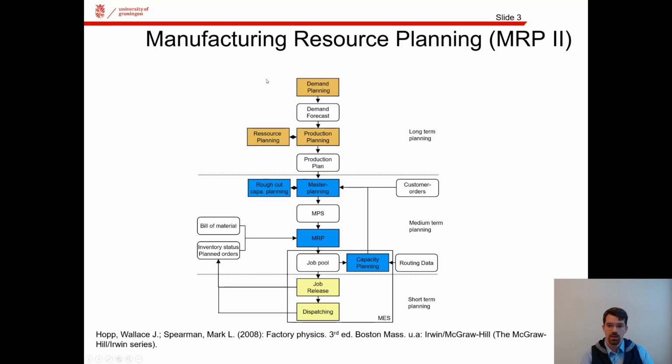Most likely, the long-term planning is again an aggregated production plan, meaning aggregated in terms of items and in time. Based on this demand forecast, you can start with a production planning so that you know what to produce in which month. And based on this plan, you are able to define capacities in a long-term view.